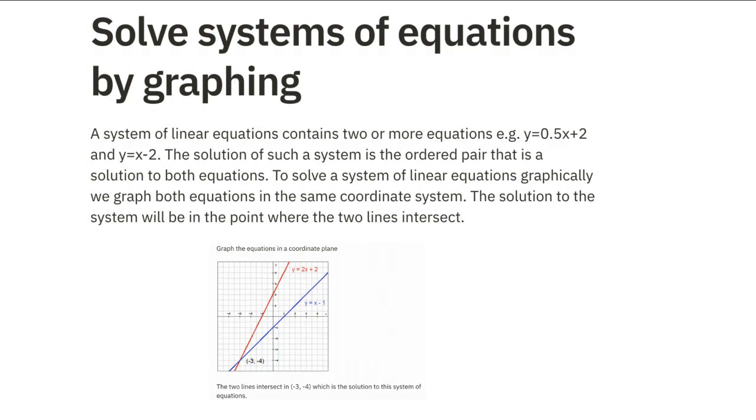But the method is exactly the same. What we did in Algebra 1 is we just graphed linear functions, and where the two lines crossed, that was our solution. And we'd end up with one solution.